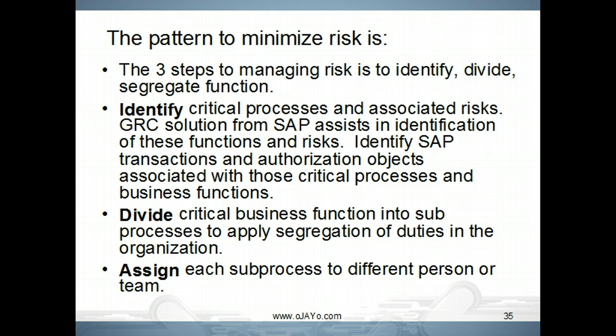And third is you have to reassign each function in such a way to different persons so that risks is either eliminated or the impact is subsided. And you'll understand this better as we look at the exact tool itself.